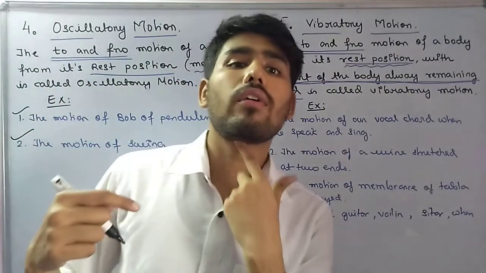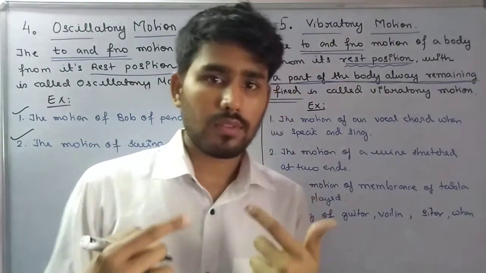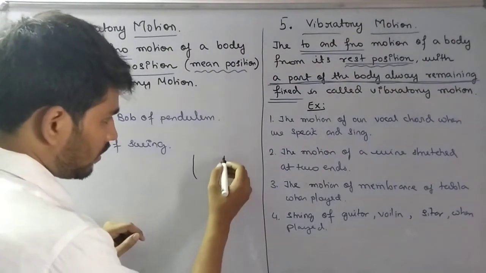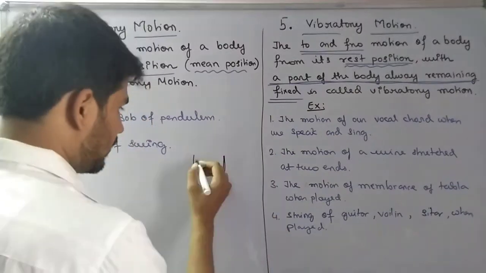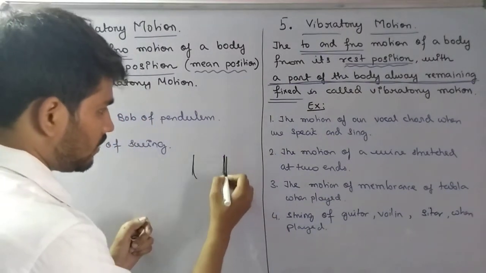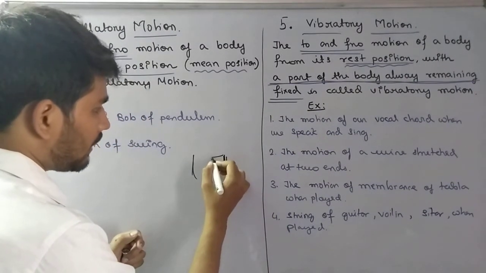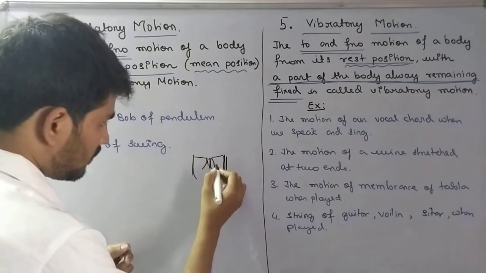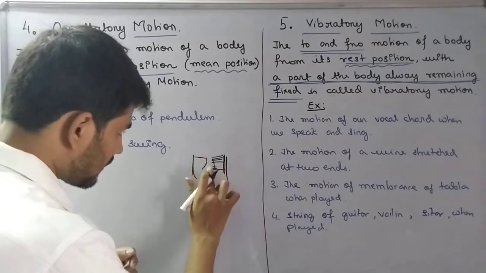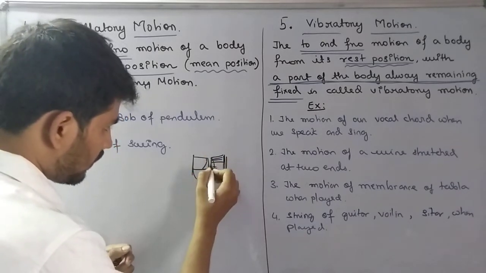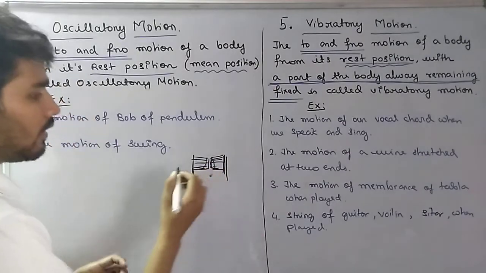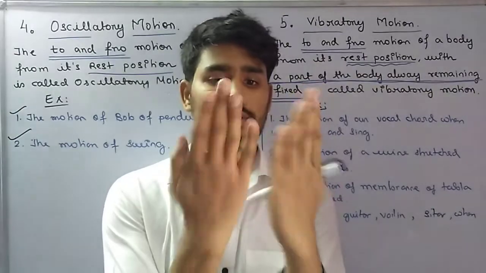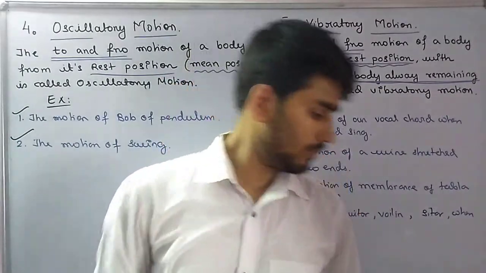Inside our throat, I'm just giving a vivid explanation, this is your neck region, and over here you have something like this. A slight gap is there, they're almost touching like this. When you speak, they begin to vibrate like this. This end is fixed.